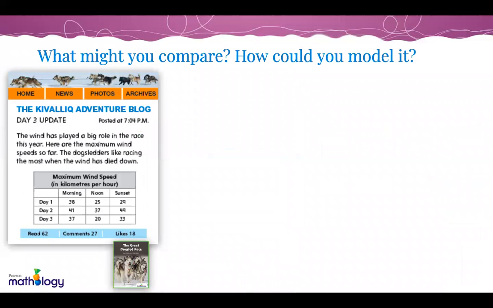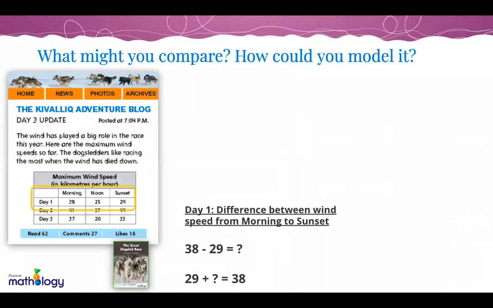So let's take a look at moving forward in terms of comparing and modeling. If we take a look at this picture, this is from a grade 3 book, and take a look at the difference between the wind speed from the morning to the sunset, we can see there's different ways to model or to make these subtraction situations.